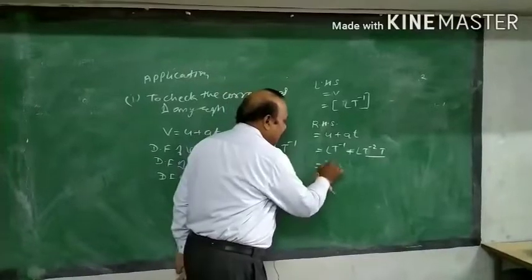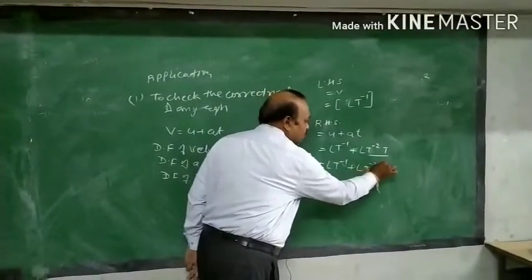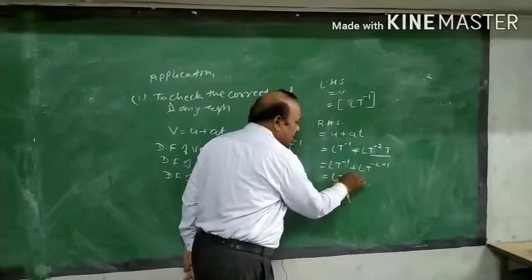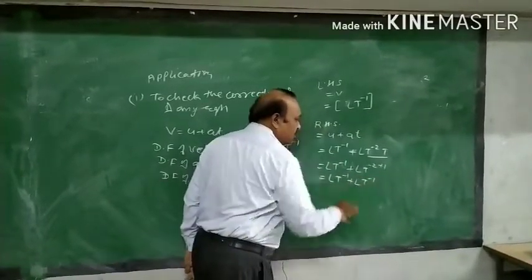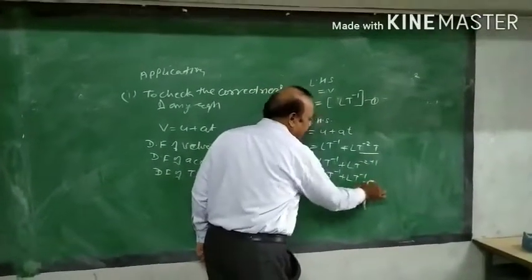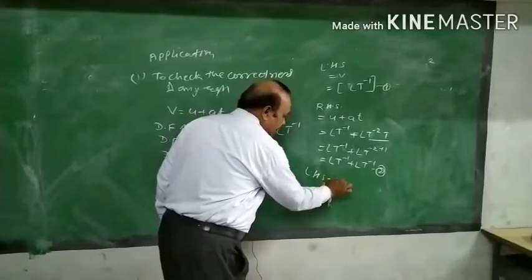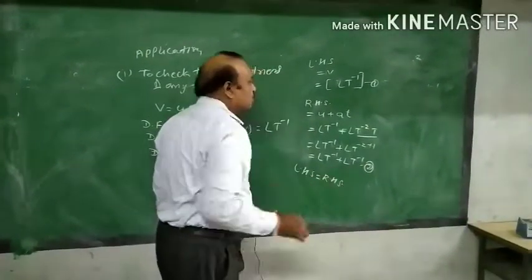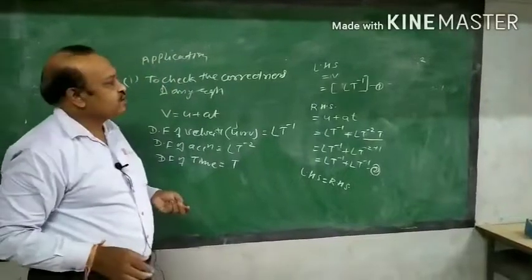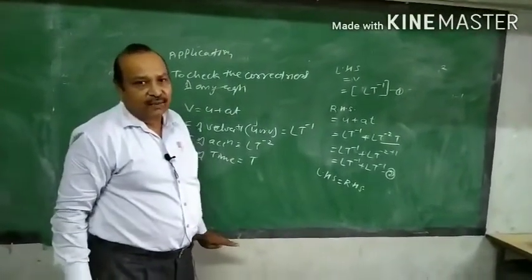So we get L T to the power minus 1 plus L T to the power minus 2 plus 1, that is L T to the power minus 1 plus L T to the power minus 1. It is clear from equations first and second, LHS is equal to RHS according to the principle of homogeneity. Left hand side and right hand side both are equal. Okay.